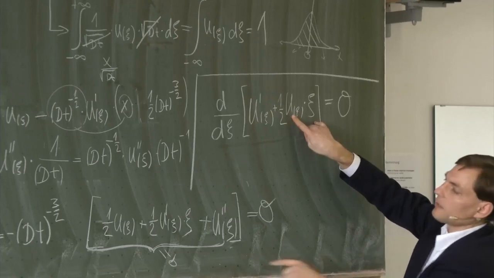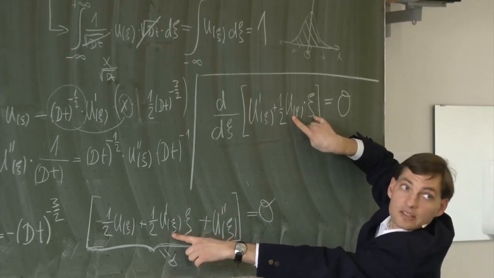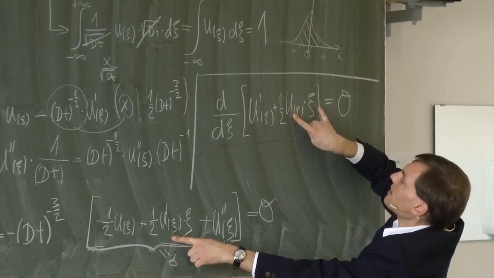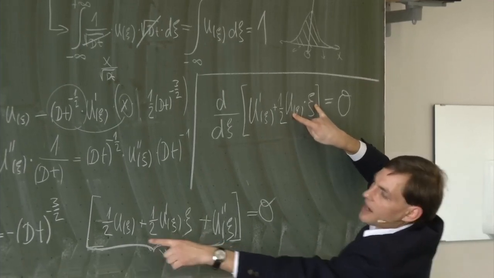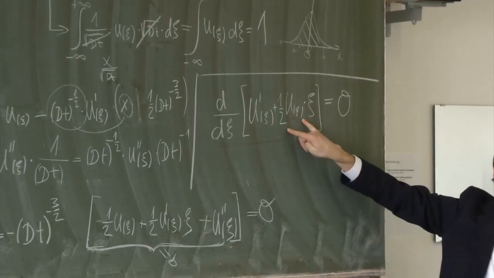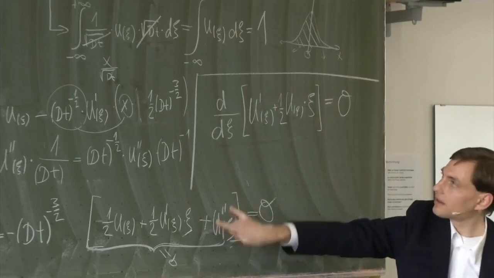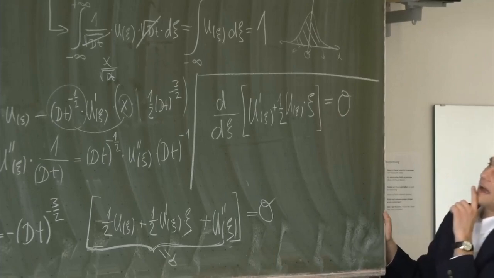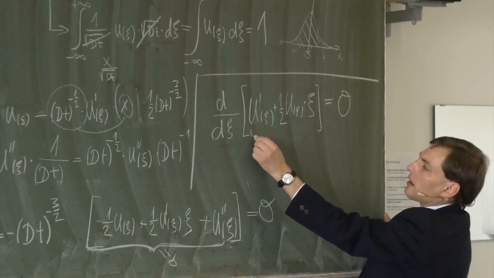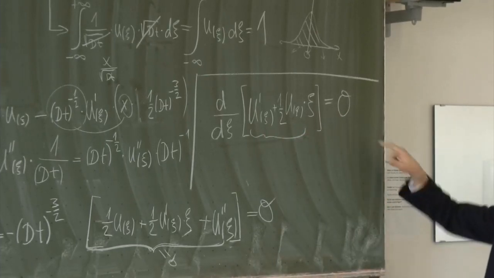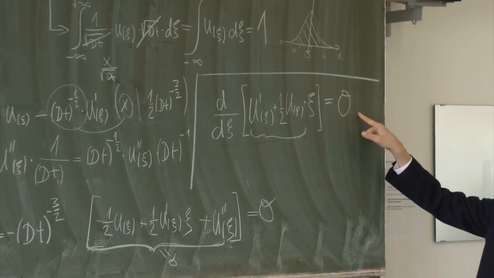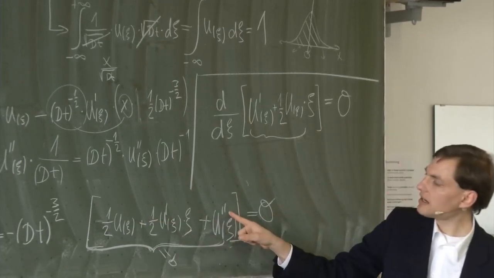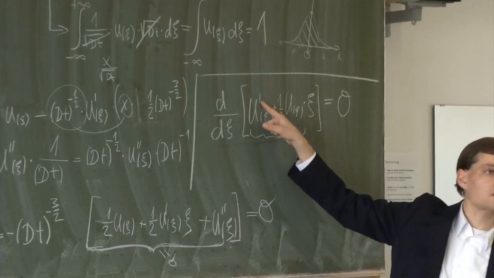I calculate the derivative of this, I keep this constant, gives me this. Then I keep this and calculate the derivative of xi, which is 1, which is then 1 over 2. Can you see that this can be written like this? And from this, I see now what is here in the bracket must be 0. That's even simpler, because this is a second order differential equation, and here we have now a first order differential equation.